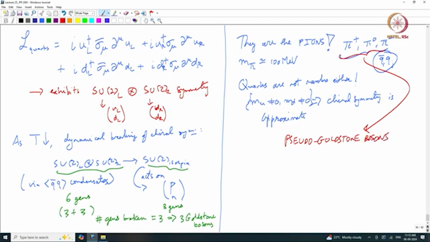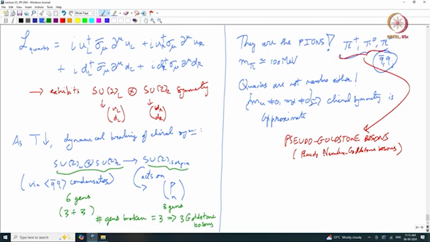If I had sent the quark masses to exactly 0, the pions would have been exactly massless, but since they are only approximately 0, the pion mass is also only approximately 0. Okay, that is why the pion gets a small mass. So this is sometimes called pseudo Nambu-Goldstone boson, because Nambu was also involved in treating these concepts in addition to Goldstone.